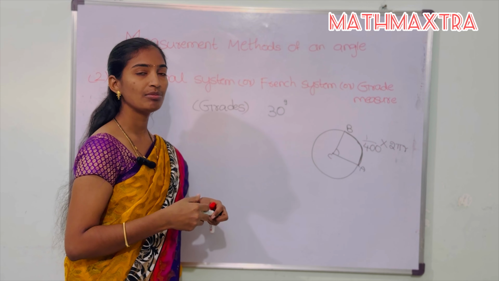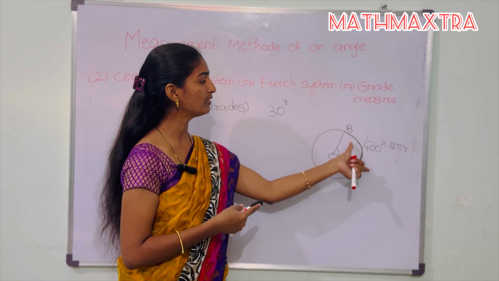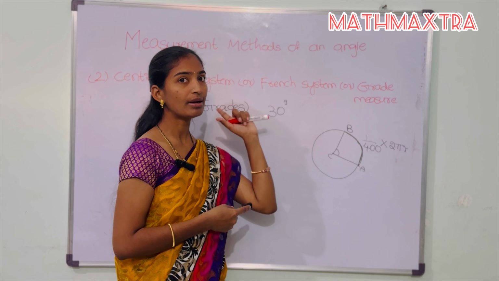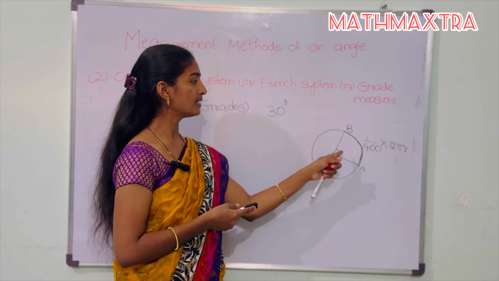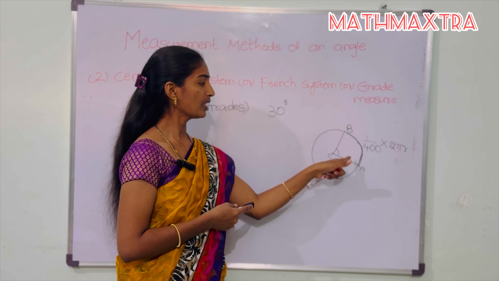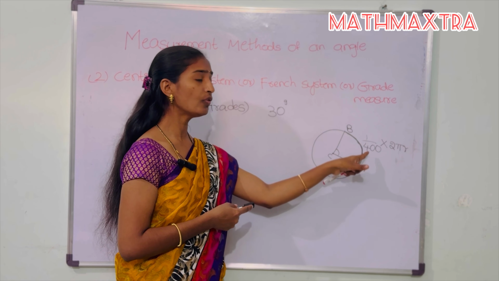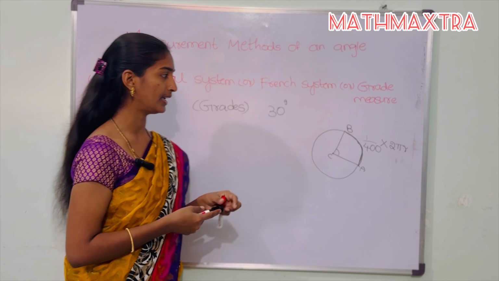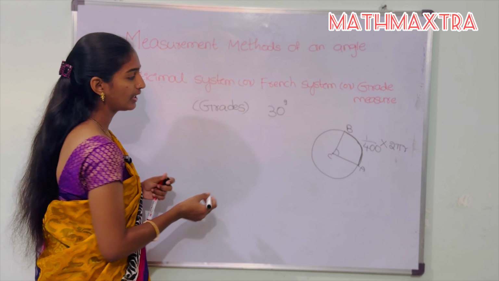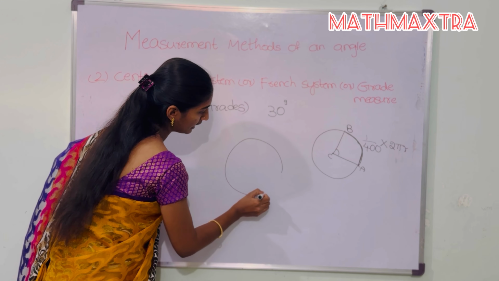In the degree measure, we took the length of the arc as 1 by 360 into the circumference, whereas in the grade measure we consider the arc length as 1 by 400 into the circumference of the circle.